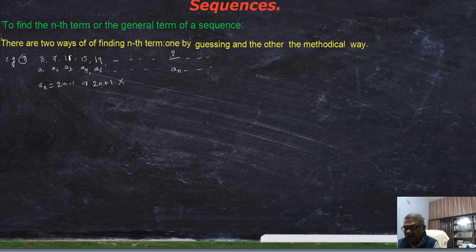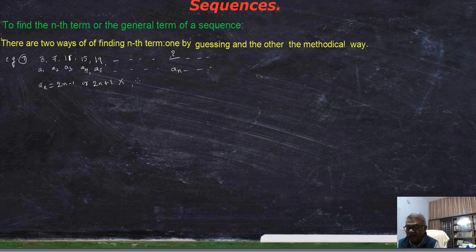If you take n is equal to 1, the first term is going to be 3, but the second term, n is equal to 2, will give 5, which is not there in the sequence.